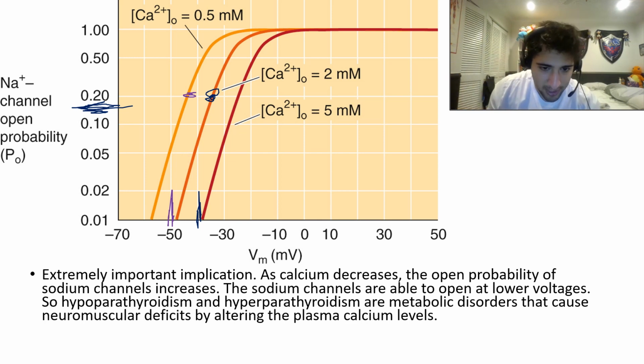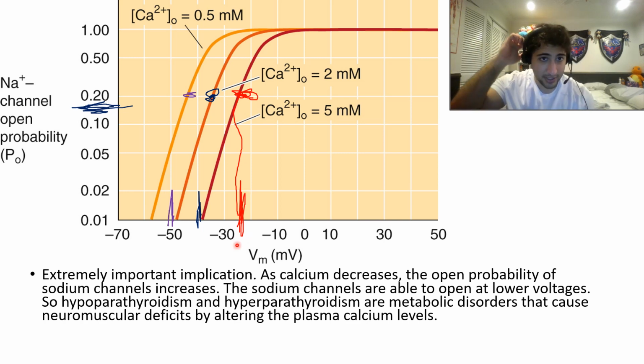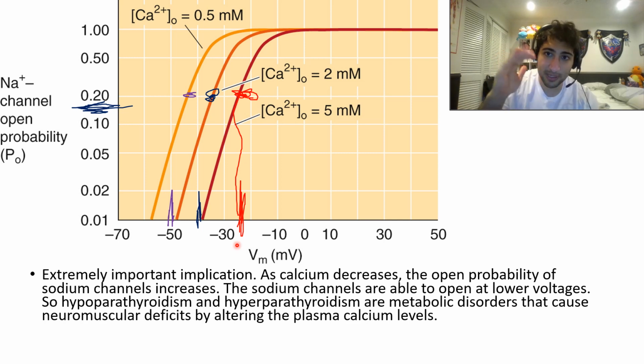Whereas in hypercalcemia, as you increase calcium, what's going to happen? You can fire at a more positive point, or at a less negative point. So the less calcium you have, the more likely the sodium channels are to open at any given voltage.